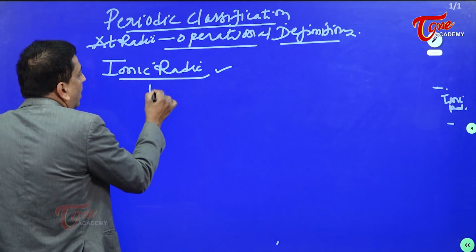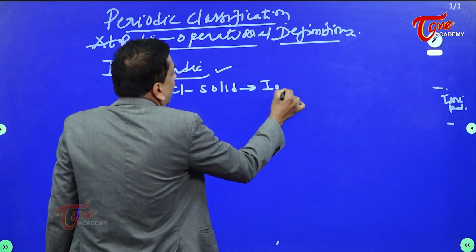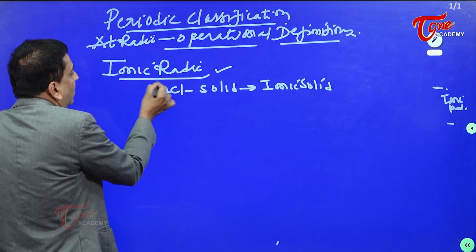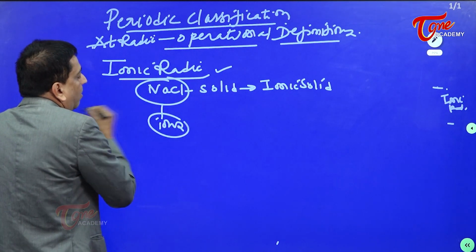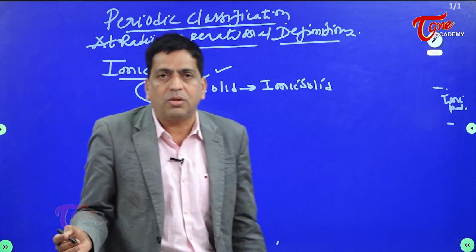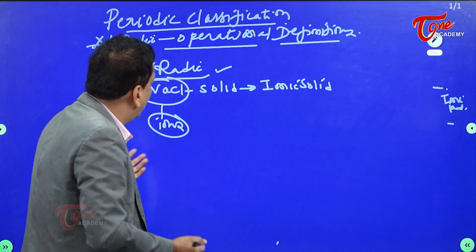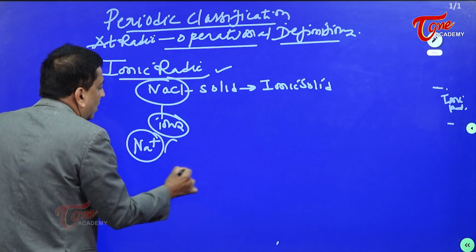If I take NaCl solid, this is basically an ionic solid, and I call it ionic because NaCl will have ions, not atoms. You must understand, NaCl contains ions. Here you can see Na plus and Cl minus.